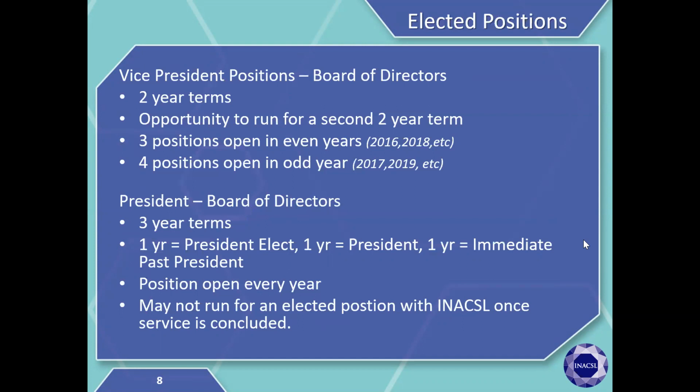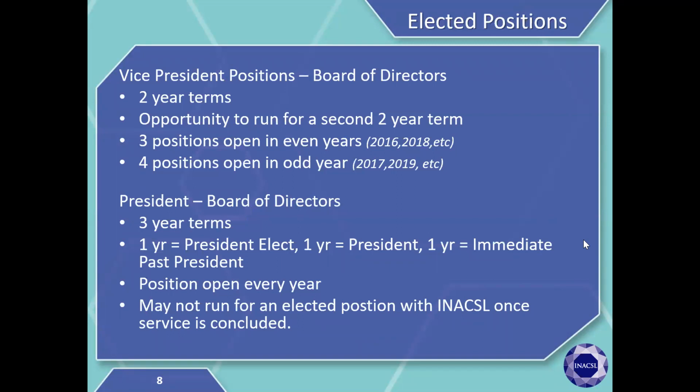And then in your third and final year, you would become immediate past president. So that is a 3-year commitment. And the key thing to remember about the president position is that once you've run and served as the president, you are not permitted to run for any additional elected positions within the organization.